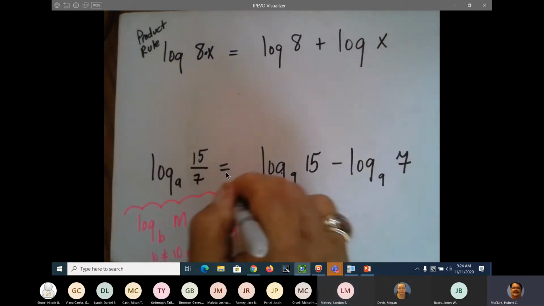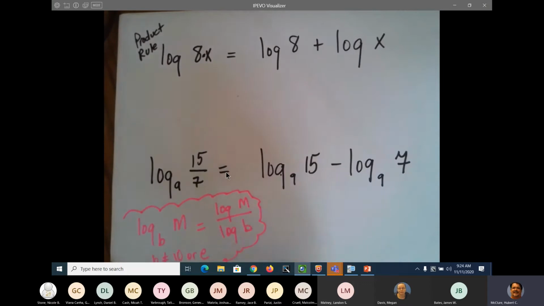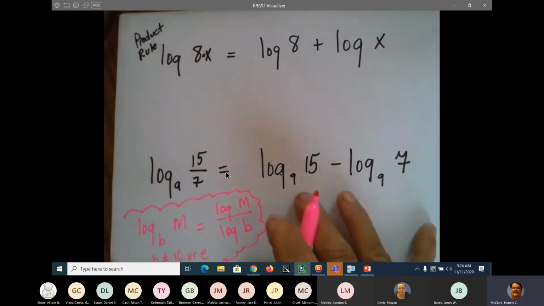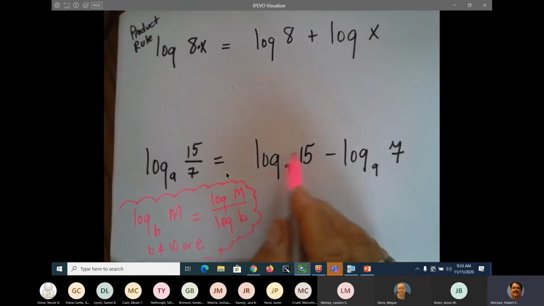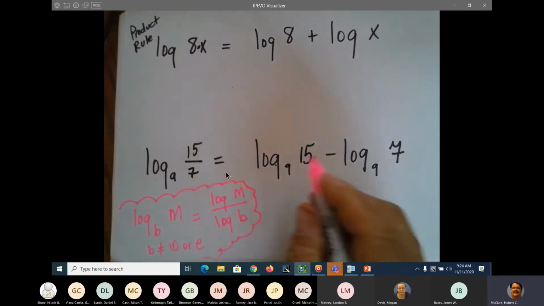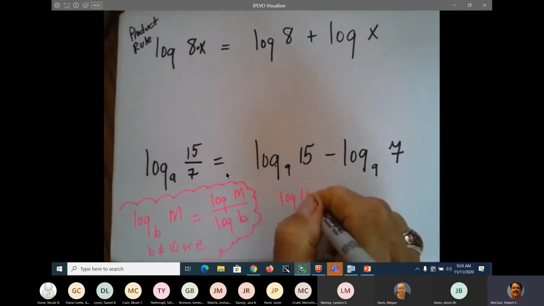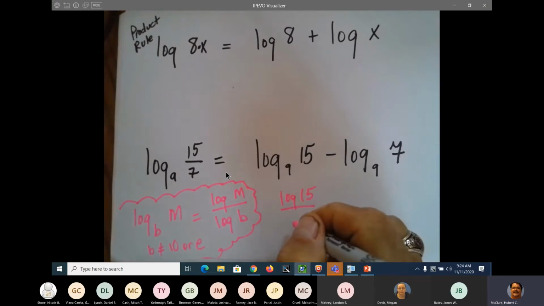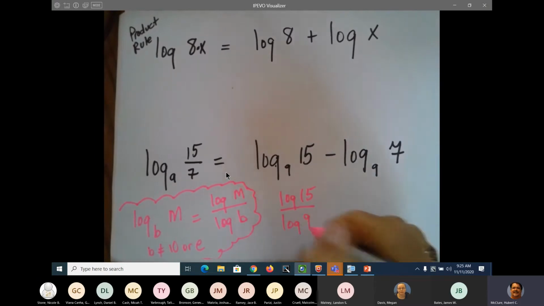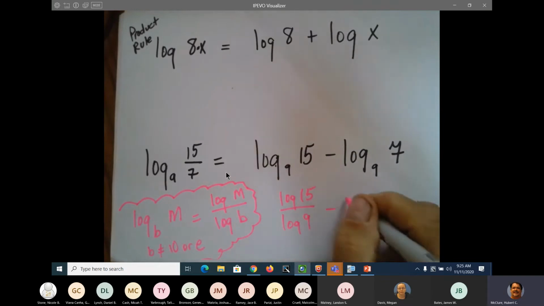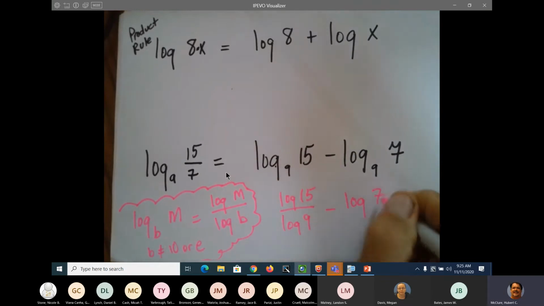And you will see that, and some of you already have that in the handouts that I've already given you. So if I wanted to change this with the change of base formula, this is your answer. But in the future sections, this would be log of 15, excuse me, I got corona, log of 9 minus log of 7 over log of 9.